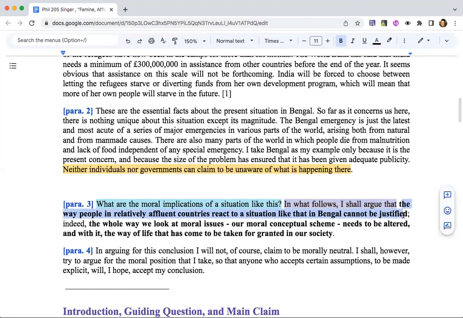This is something writers do to make it clear what their position is. And in philosophy papers, this kind of explicit, I will argue that, is very common. And it will also be very common to use first-person language. Sometimes this feels weird to students who are not familiar with philosophy, but it's common in lots of academic writing contexts as well.